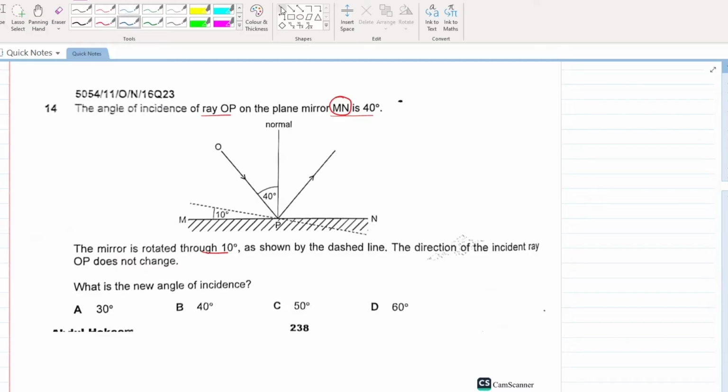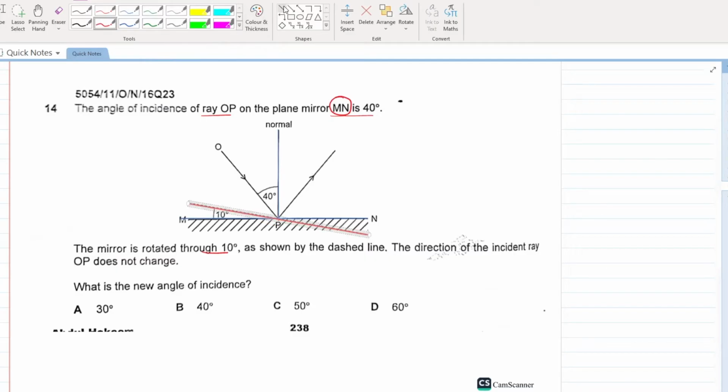Now, if you ponder closely, the mirror was initially like this, and the normal was initially like this. These are your initial normal and initial mirror. Now, once you rotate the mirror, what will happen?